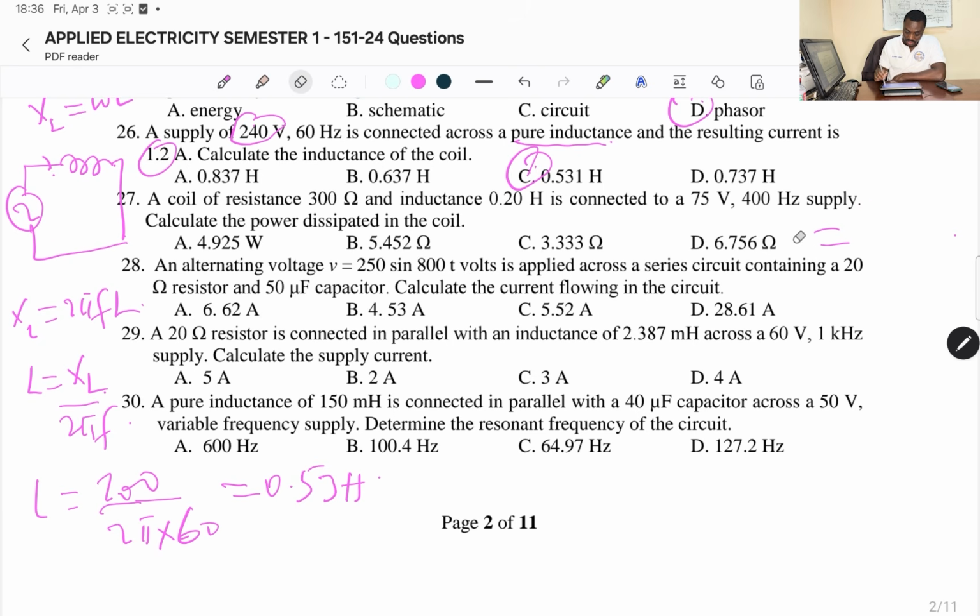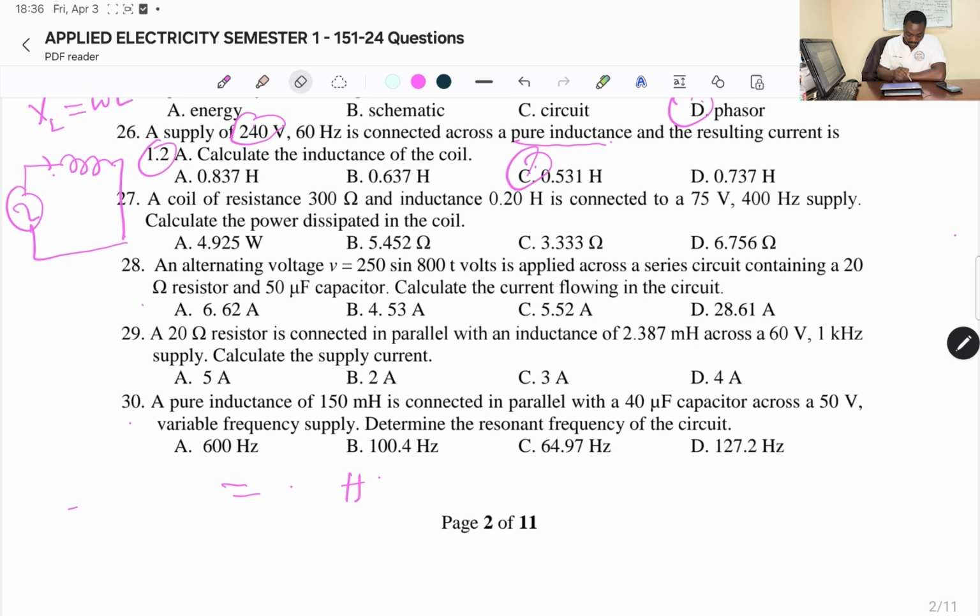Moving on to question 27. A coil of resistance 300 ohms and inductance 0.20 henries is connected to a 75 volts, 400 hertz supply. Calculate the power dissipated in the coil.